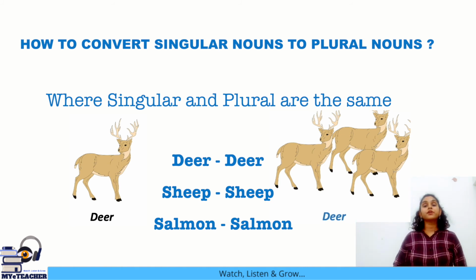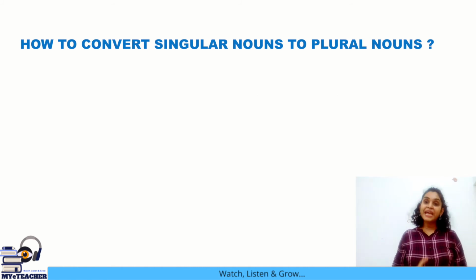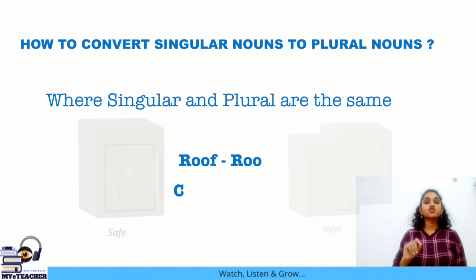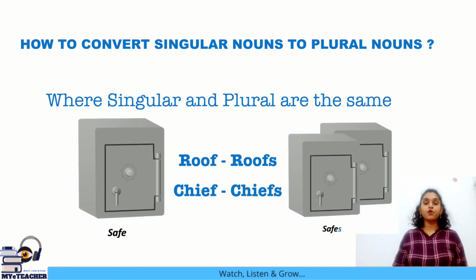There are certain words which end with an F but do not take VES in order to make plurals. For example, roof, chief, hoof. For all these words we simply add an S at the end to form the plurals.